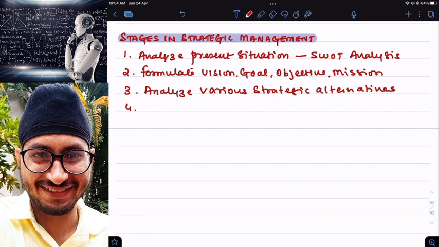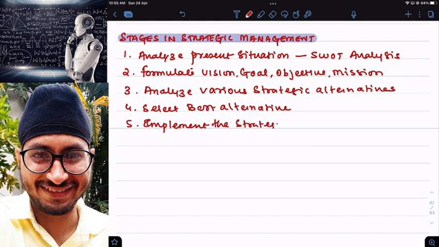After that what it will do, select. Select the best alternative. After selecting the best alternative, what it will do, implement. Implement the strategy.